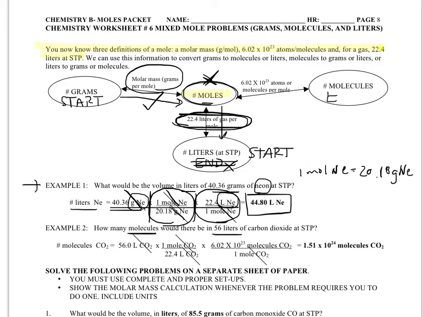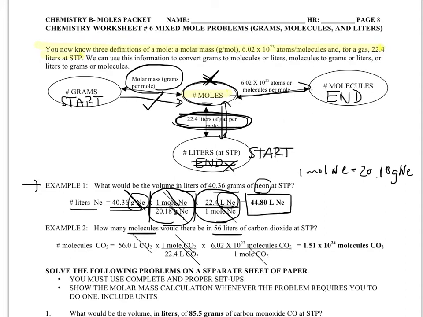And my ending point is molecules. So this time, I'm going to actually have to kind of reverse my direction, right? The very first thing I'm going to want to do is use that 22.4 to go from liters to moles. And then the second step is going to get me from moles to molecules. Again, I know this is not a simple one-step problem because I cannot go directly from liters to molecules. There's no arrow on my diagram allowing me to do that.